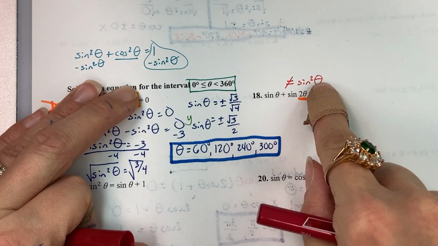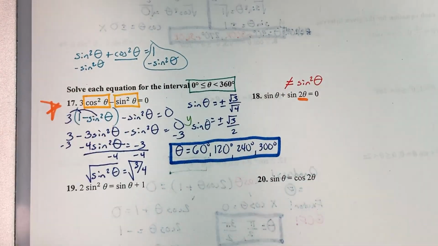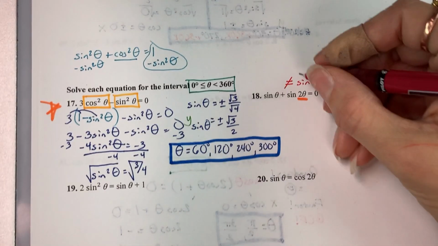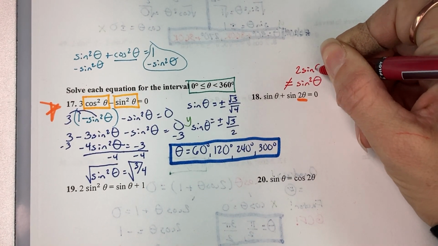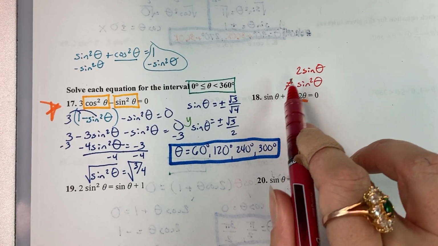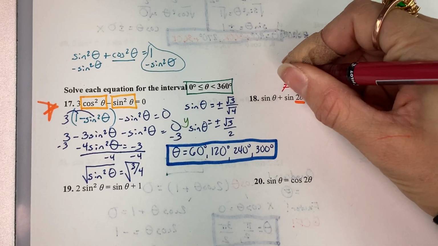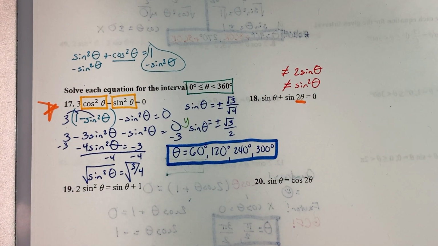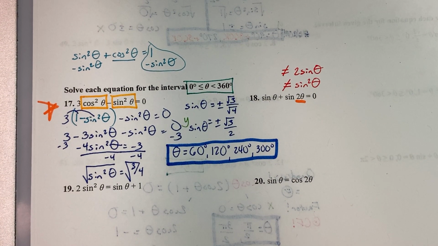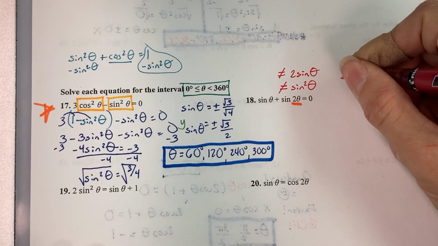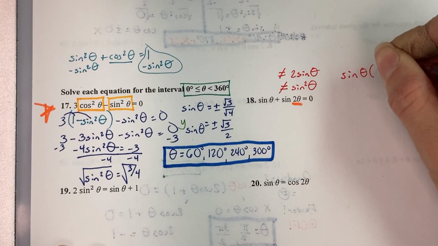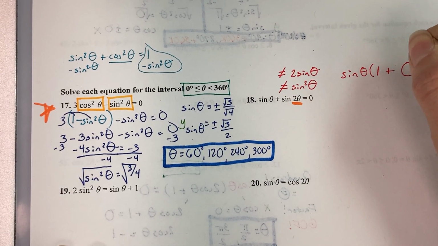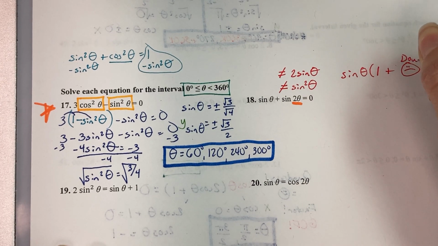If it was sine squared of theta, I would be able to factor out a sine from both of those. It's also not the same as 2 sine theta, where I'd be able to factor out a sine theta from both of those. So sine of 2 theta is not equal to either of these, because if you try to take out a sine theta, it leaves you with 1 and a problem because of the double angle.